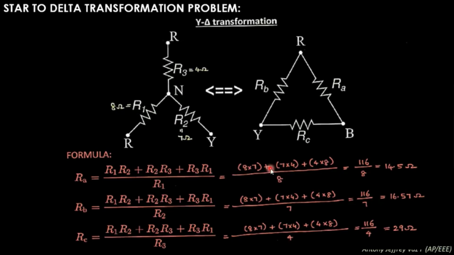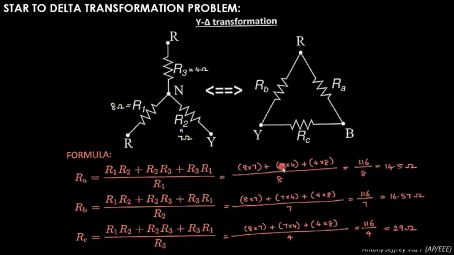Put the plus over here. Next R2 R3: R2 value is 7 ohm, R3 value is 4 ohm, plus R3 R1: R3 value is 4 ohm and R1 value is 8 ohm. Put as it is, divided by R1, which is 8 ohms.